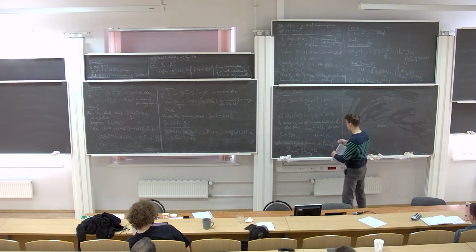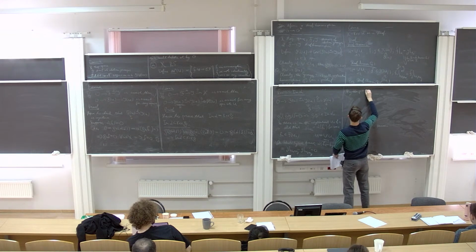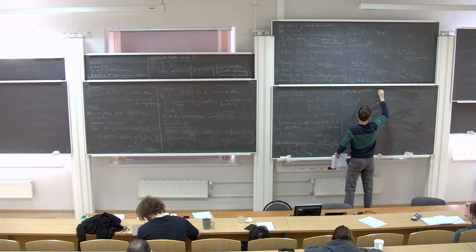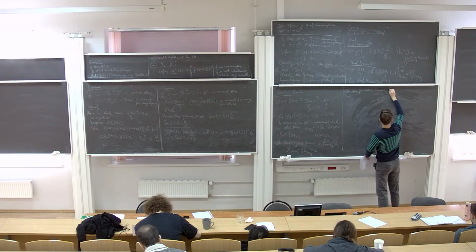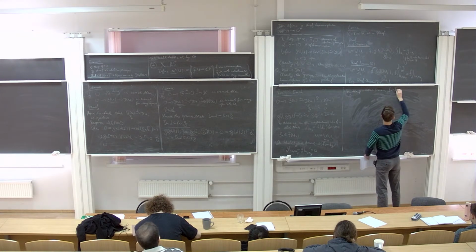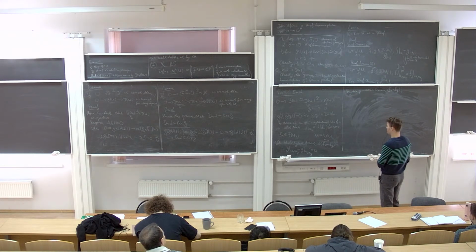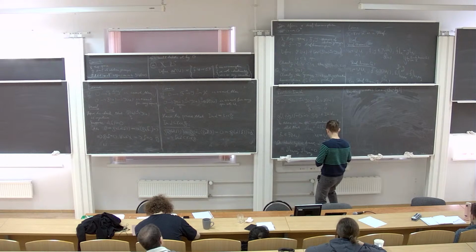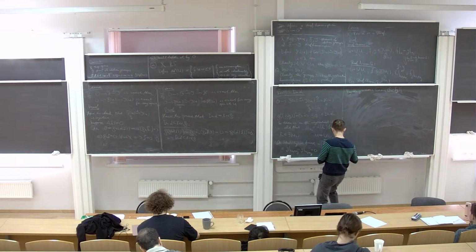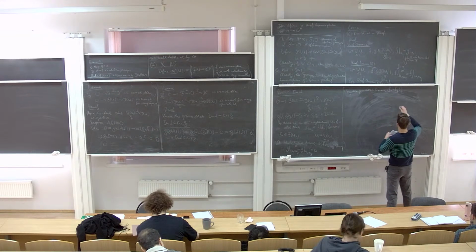So by the previous lemma, we conclude that fx restricted to Ux∩Uy minus fy restricted to Ux∩Uy is 0.